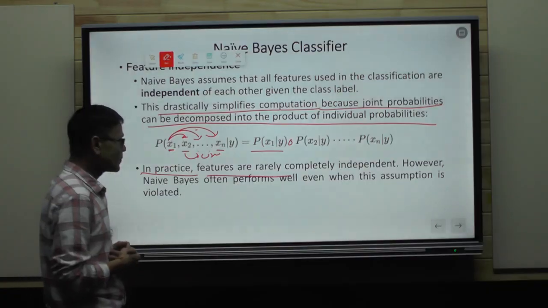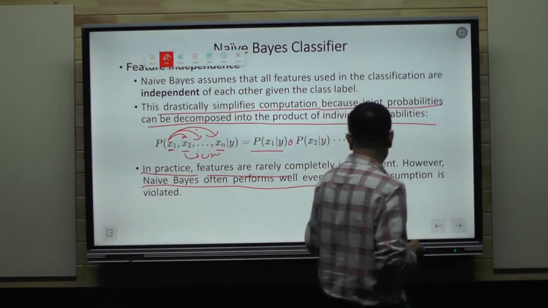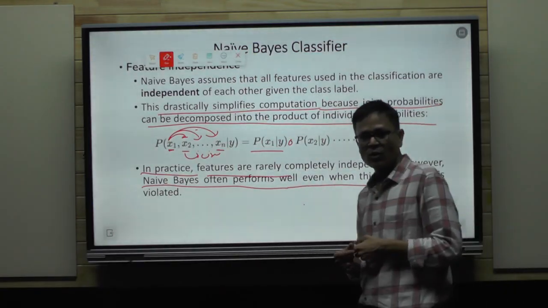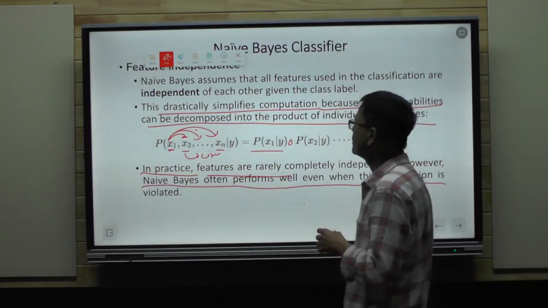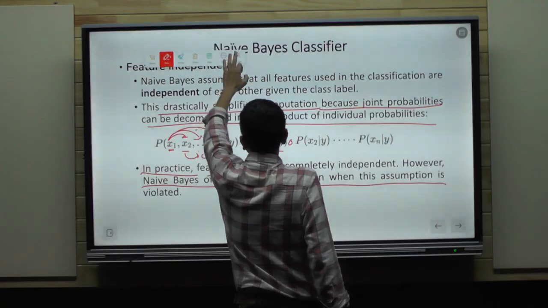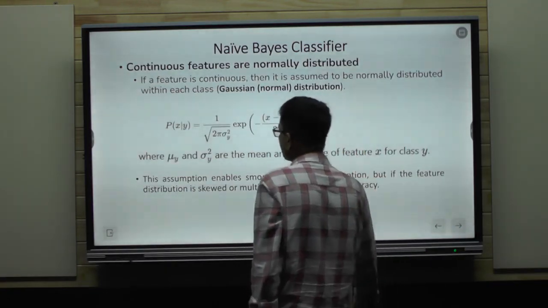That is an obvious thing. However, naive Bayes often performs well even when this assumption is violated. Although it assumes there is no dependence between the features, it works well in real practice.